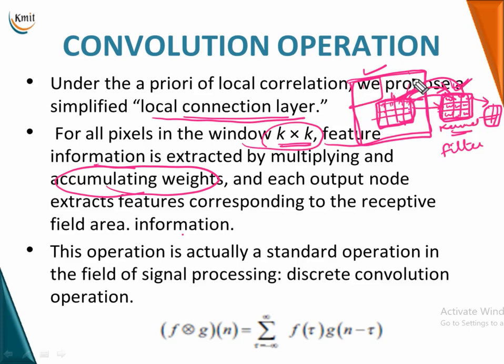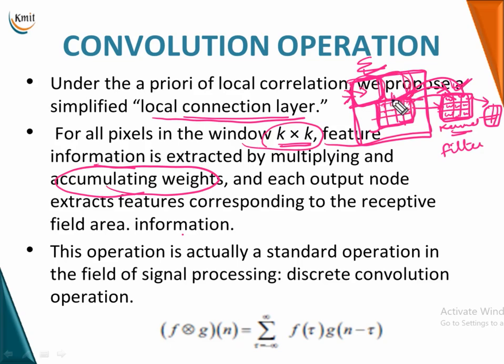First it will be here, then it will be here, and it gets shifted. Whenever you put this shifted kernel, you are multiplying the pixels of your image with the weights present in your weight kernel. And finally, after multiplication, you obtain a cumulative sum so that you extract the feature in this area.